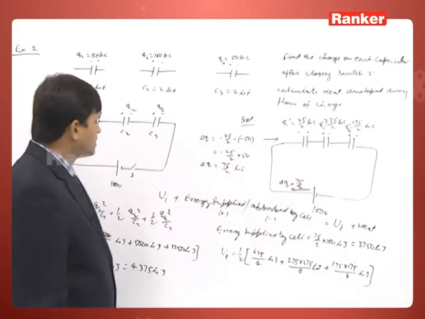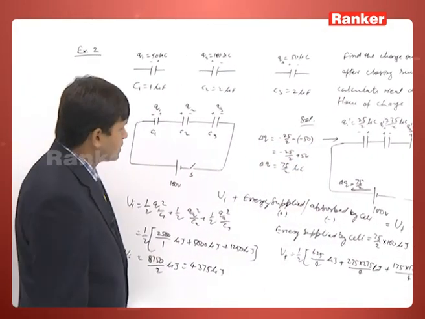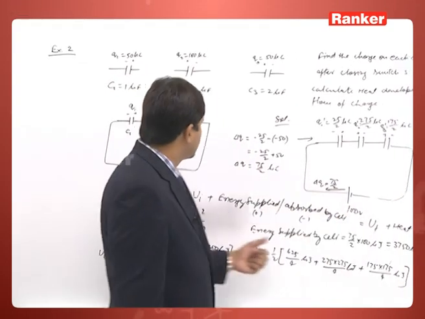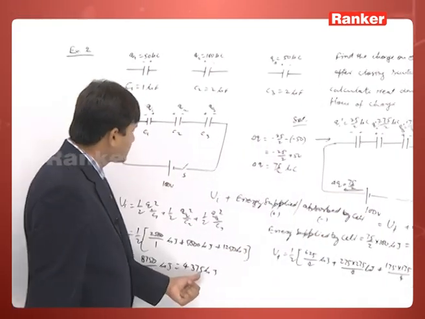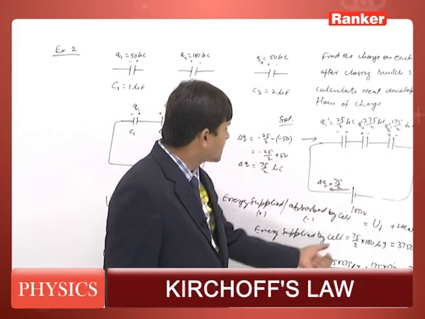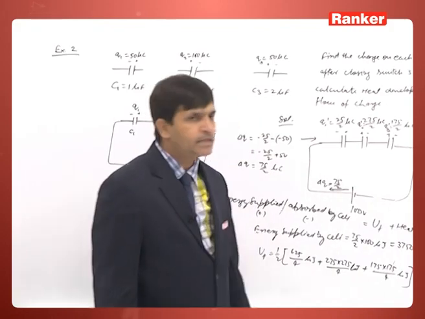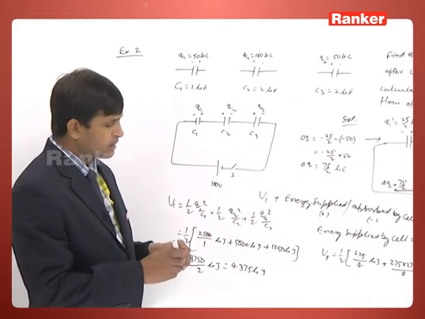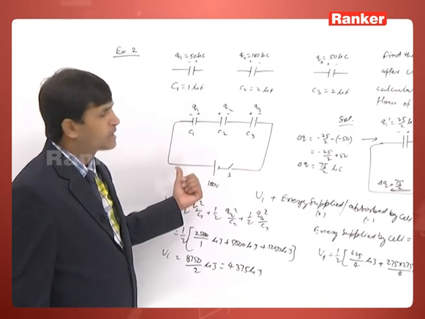This is the total final energy. So calculate this value and substitute here. Initial energy is this, energy supplied by the battery is this, and final energy you will get from here. Whatever the difference is, that will be the heat developed in the process of flow of charge.